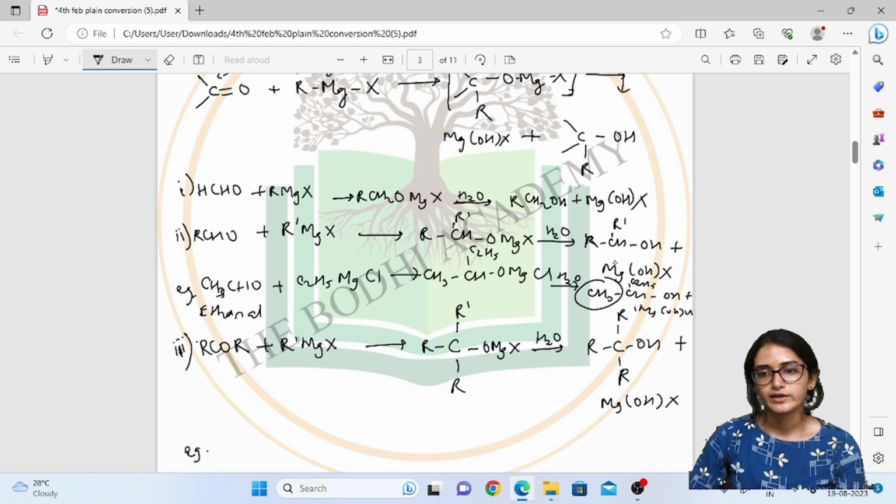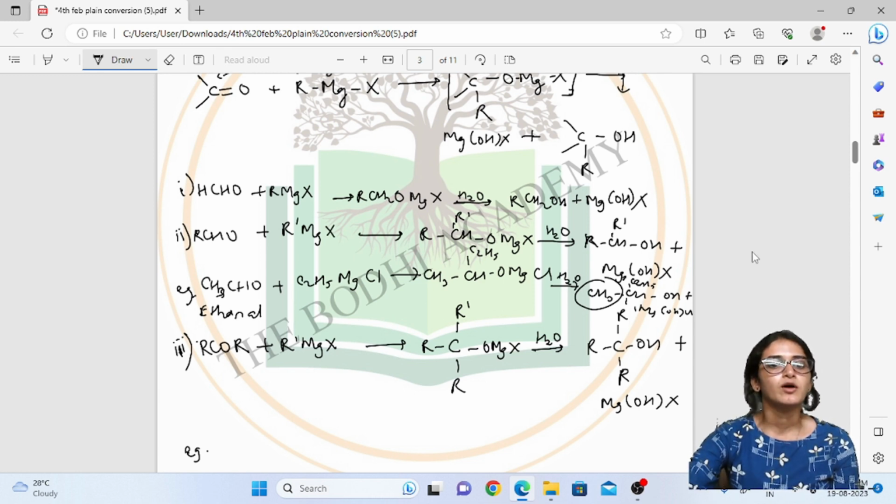2-methyl propan-1-ol. So the name will be 2-methyl propanol. This will act as a substituent and the OH group is attached to the first carbon. So numbering will start from here: 1, 2, 3, 2-methyl propanol.